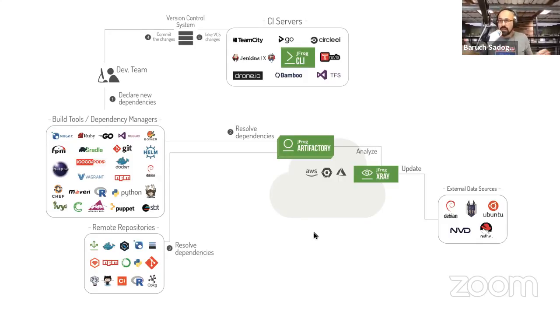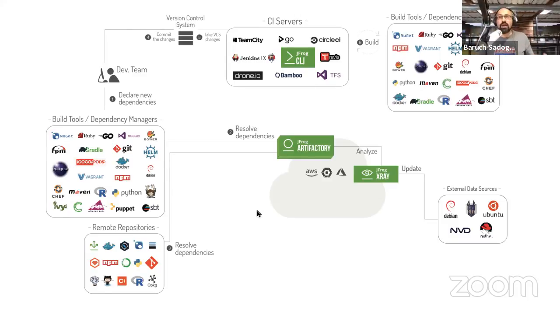Any CI server will take the changes from version control and run exactly the same build, using exactly the same tools that our developer used in the first stage. Those tools will eventually need the same third-party dependencies, and will resolve them from Artifactory again.